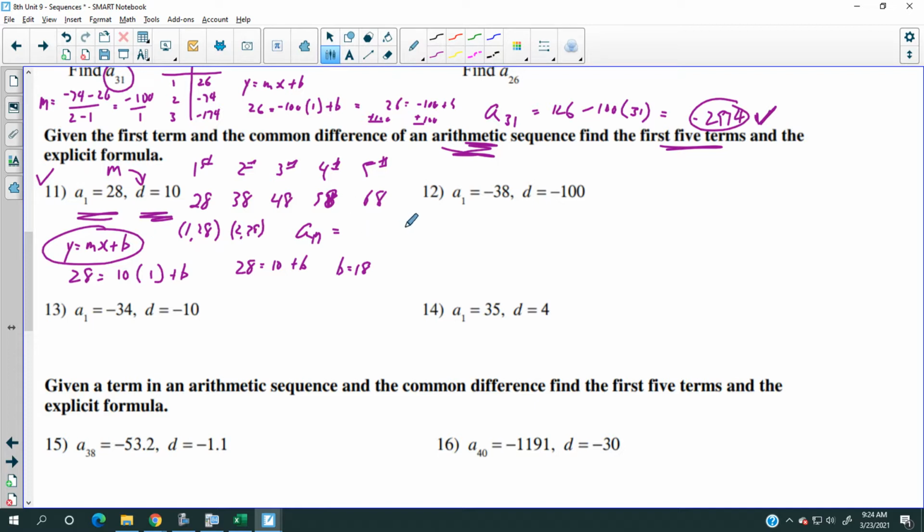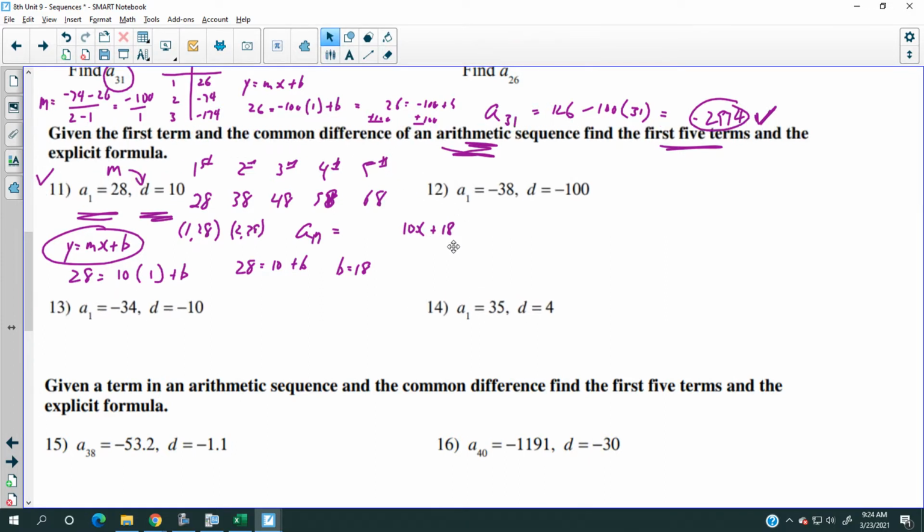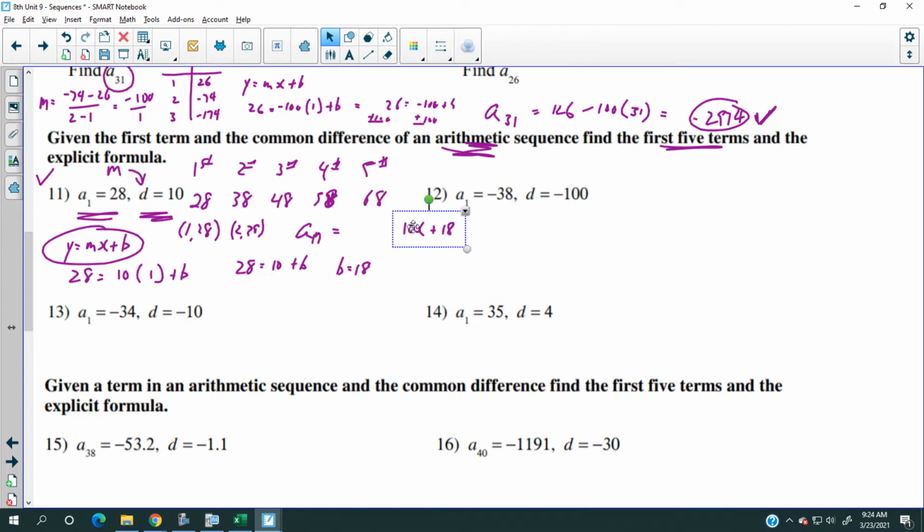It's the common difference, so it's 10x, and then plus b, plus 18. Let me move that here. Yeah, that's the explicit formula. Now, if you want to replace x with n, that's probably better. That's all there is to it.